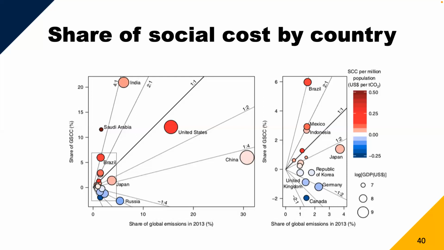then this is the same thing, but scaled to population, so per capita. The darker the red it is, the more we essentially emit per capita. And then the size of the dot represents the size of the economy of that country. So it's a 4-dimensional graph.